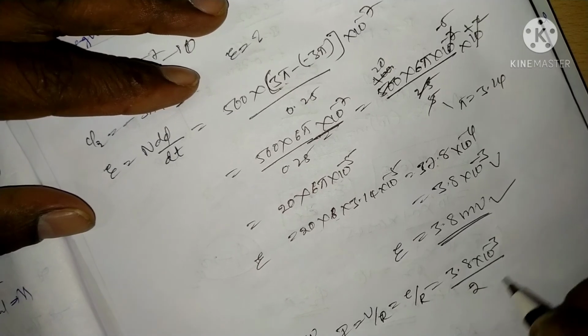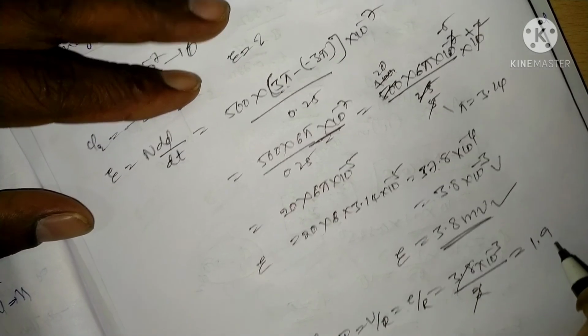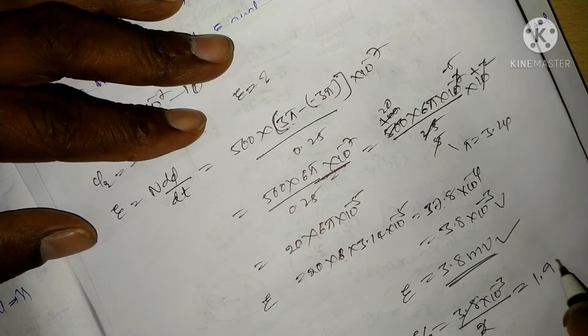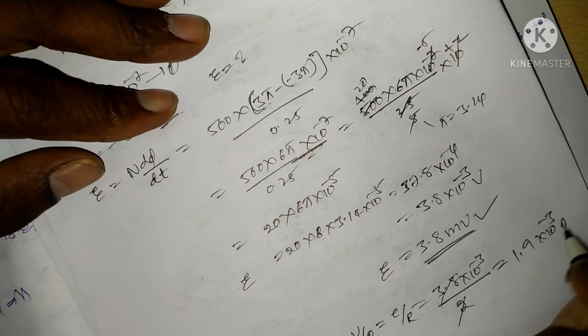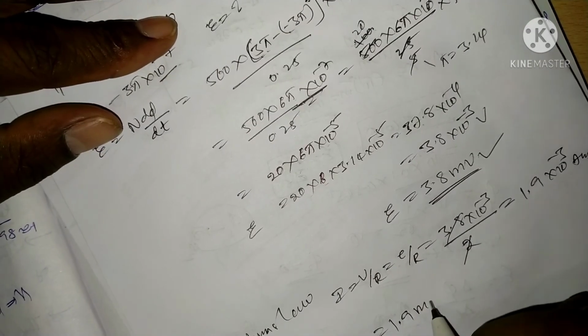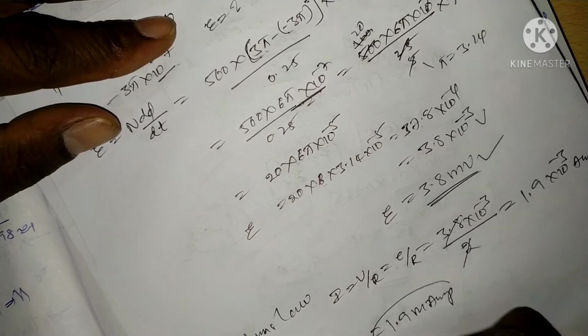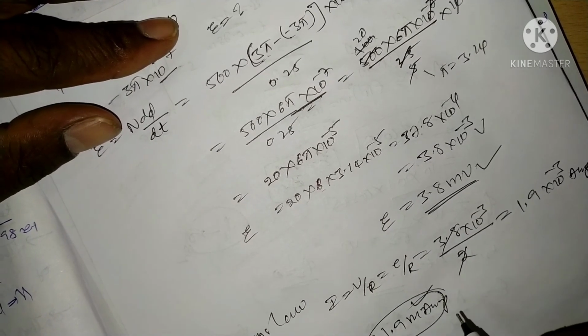Substituting this, you get 1.9 × 10^-3 ampere, or 1.9 milliamperes. This is the current. Thank you.